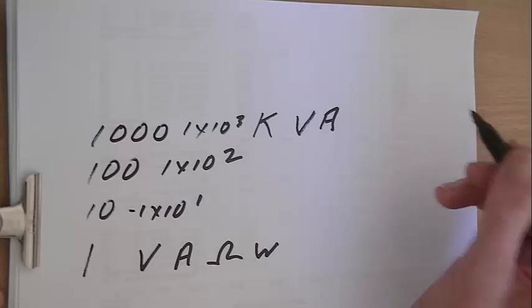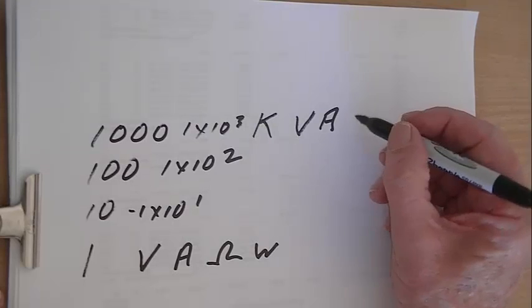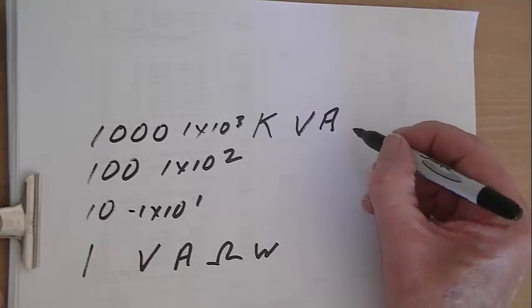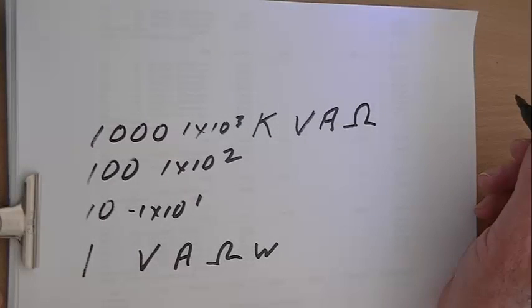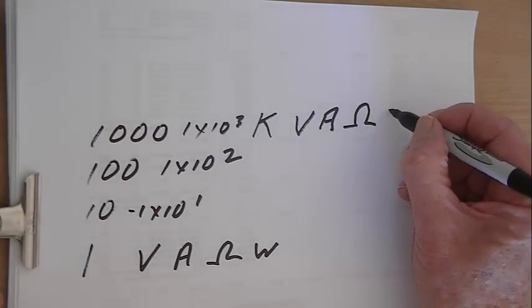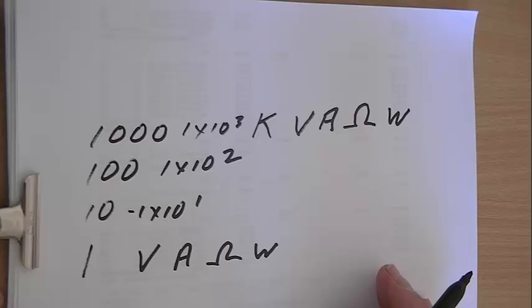Now, you won't be using kiloamp, but in my old industry we used it all the time. Thousands of amps, thousands of volts, thousands of ohms, kilo ohms. You'll be using that all the time. And you won't often be talking in kilowatts, except for your appliances. They're often rated in kilowatts, like your jug, toaster, iron, drill, whatever.